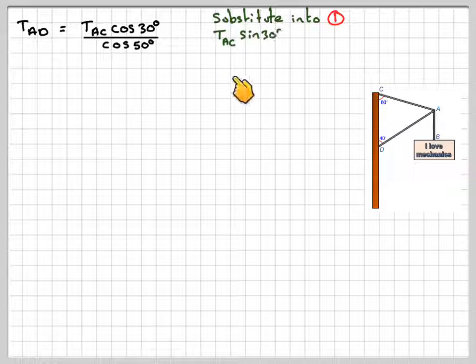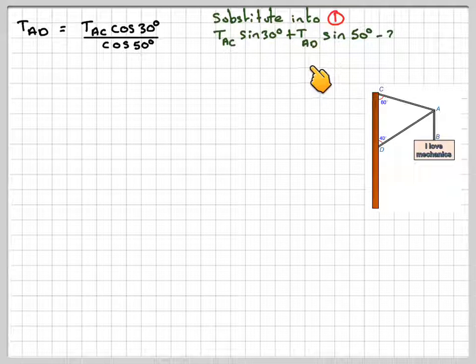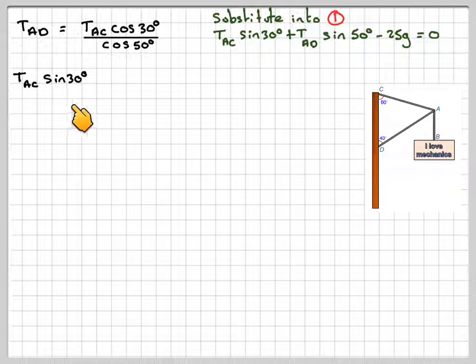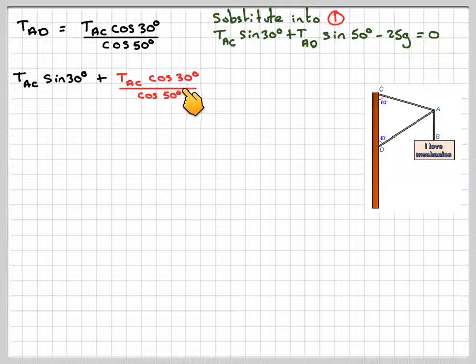Equation 1 was this: TAC sine 30 plus TAD sine 50 minus 25G is equal to 0. So carefully substituting in, we've got TAC sine 30, and we're going to replace TAD here now. I've replaced it in red: TAC cos 30 over cos 50. Don't forget there's another sine 50 there. Minus 25G, which we've taken over to the other side now because this is equal to 0.